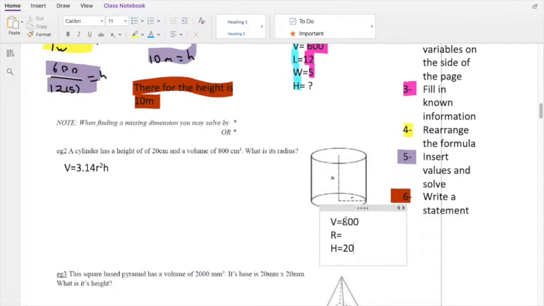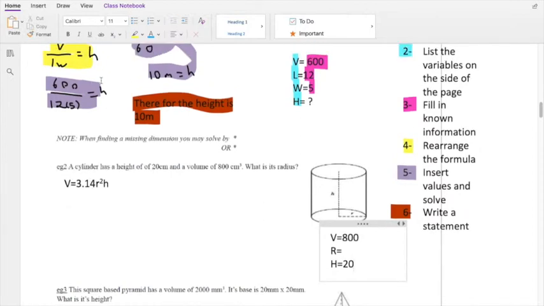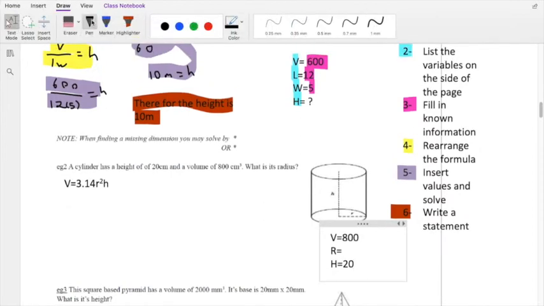So now we're on the rearranging. So if we go back here, we take a look and say, okay, how are these all connected? I'm like, okay, it's pi times r squared times h. So that means they're multiply on this side. So I'm going to move both these over here, and when they come over, they'll become a divide.